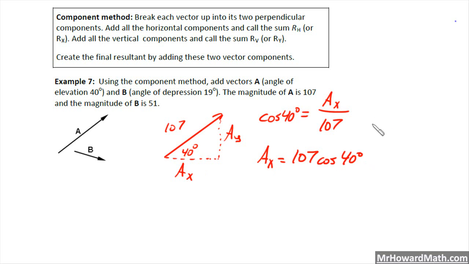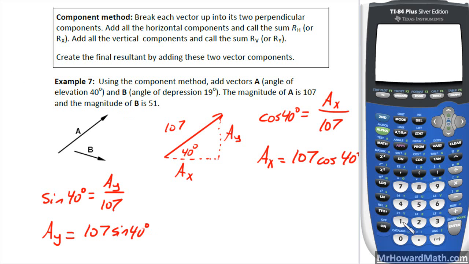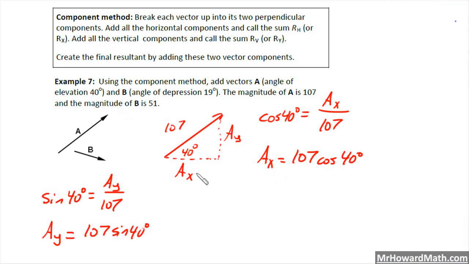And A sub y will be: sine of 40 degrees is equal to the opposite side, A sub y, over the hypotenuse, 107. So our vertical component of that vector is equal to 107 sine 40. So let's pull our calculator up, find those. So 107 cosine 40 degrees gives me an A sub x value of 81.97.